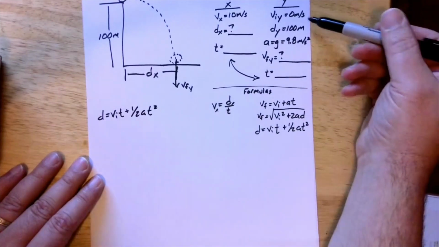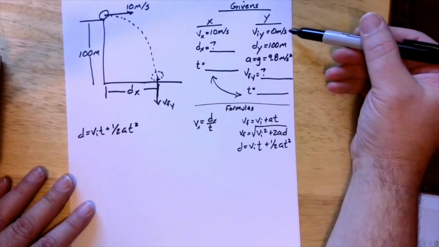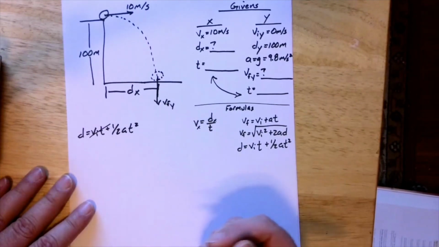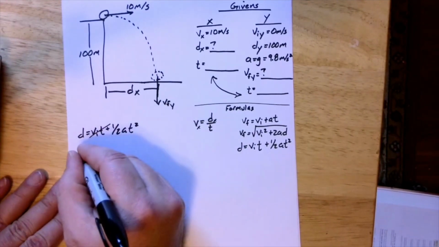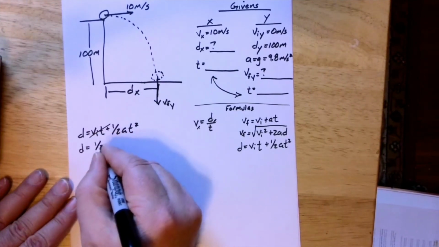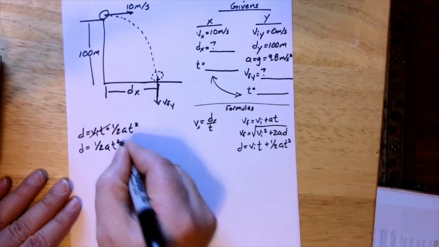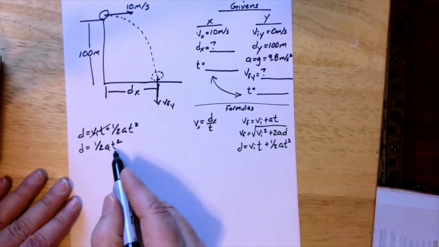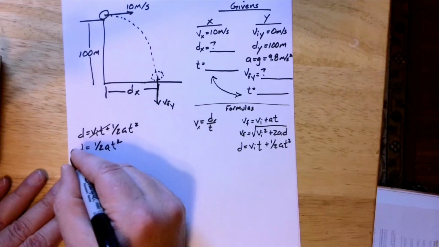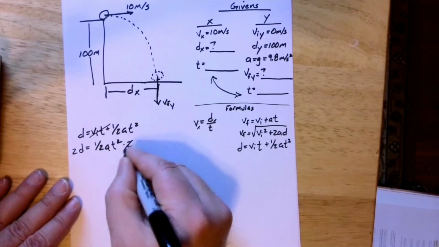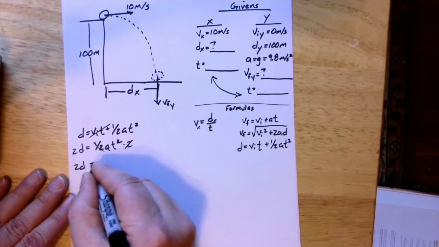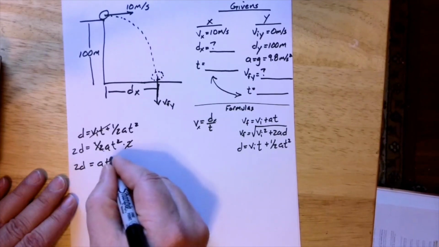Well, since the initial velocity is 0, we can ignore that part. That way you don't have to use the quadratic equation, unless you really like to use it. So d is equal to 1/2 At squared. But we need to solve for time. So I need to get rid of the 1/2, so I need to multiply both sides by 2. That way the 2 and 1/2 will cancel out. We end up with 2d is equal to At squared.